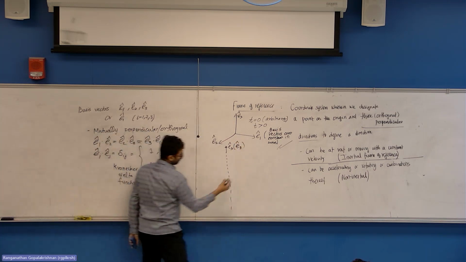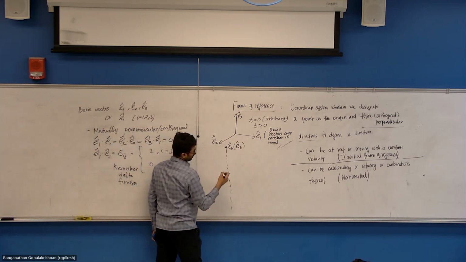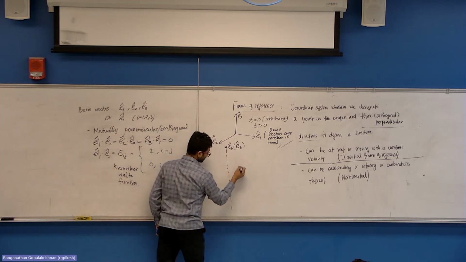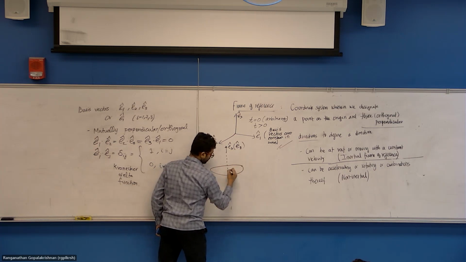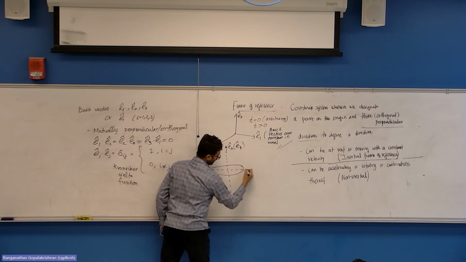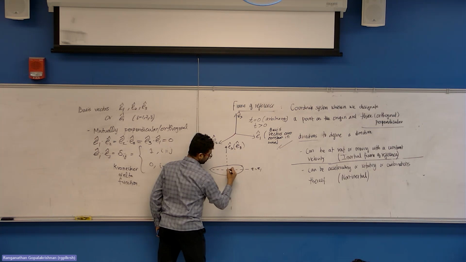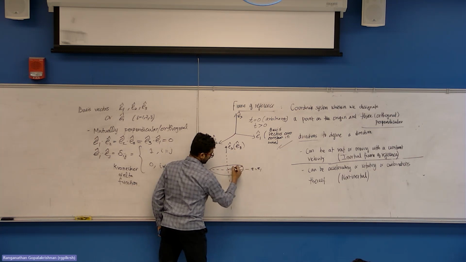Okay, and if I take any point, you can express it as x and y. You can also alternately express it as, so let's say this is a plane and this is z equals z1, and in this plane this is r and this angle is theta.